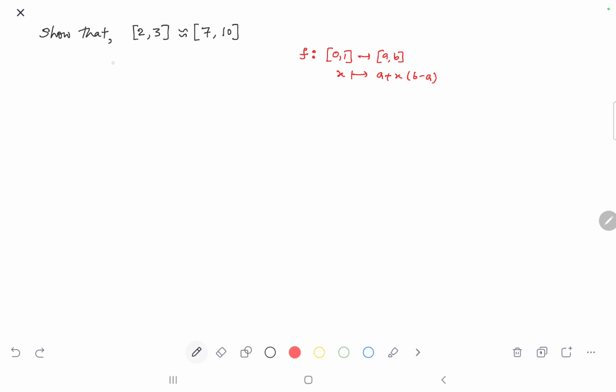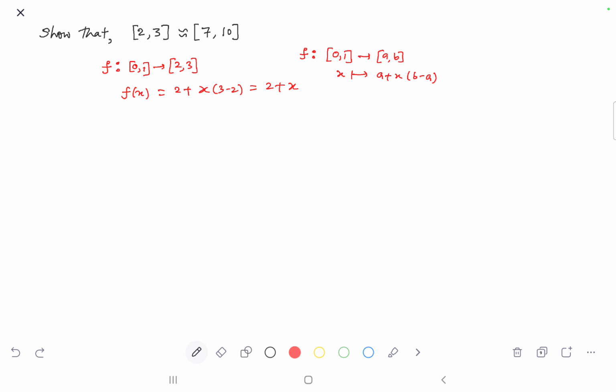So here we can define f from (0, 1) to (2, 3) by f(x) equal to 2 plus x times (3 minus 2), which is nothing but 2 plus x. So from (0, 1) to (2, 3), the bijective map is f(x) equal to 2 plus x.